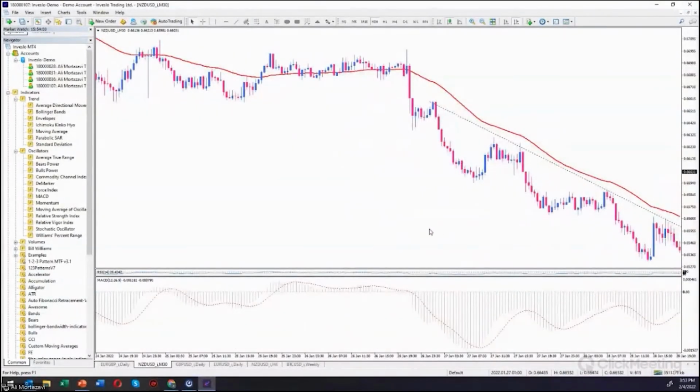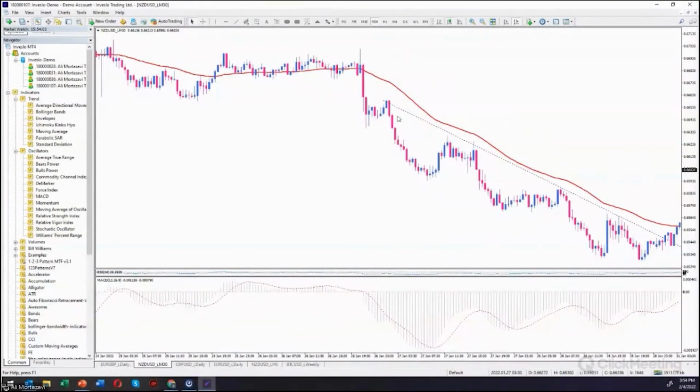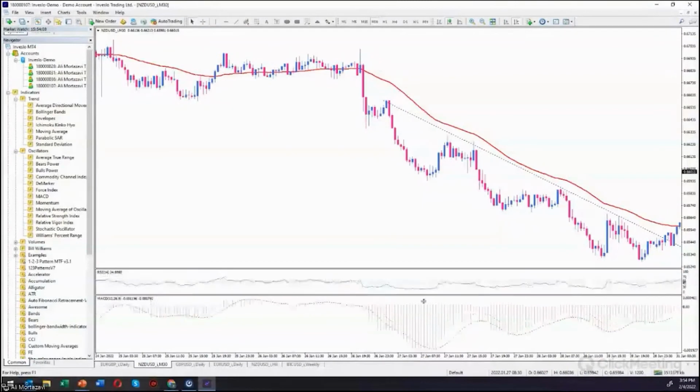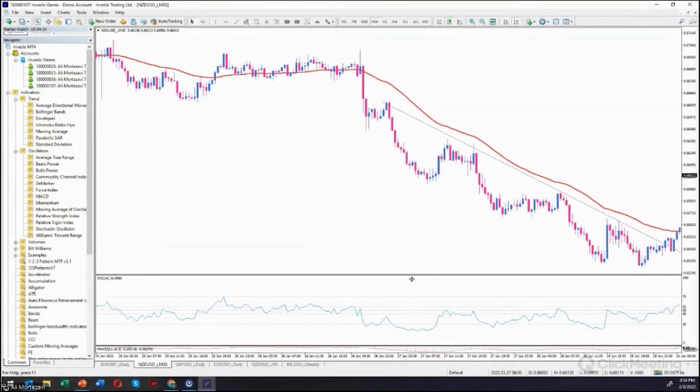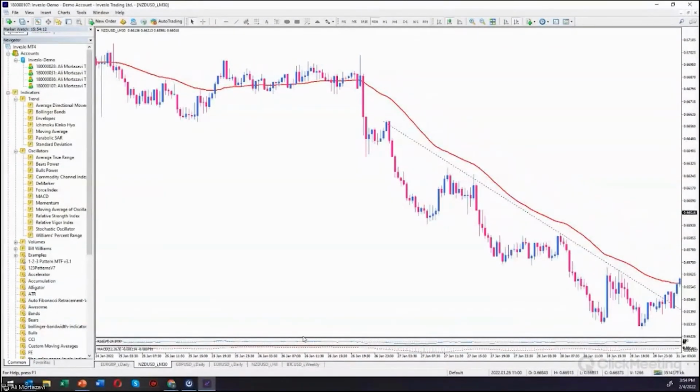When you see a clear downtrend, it means we have the confirmation from the moving average and also from the MACD, and we don't look at the RSI right now. The price has been creating lower tops, as you can see here, and lower bottoms. It means we have a very beautiful downtrend.